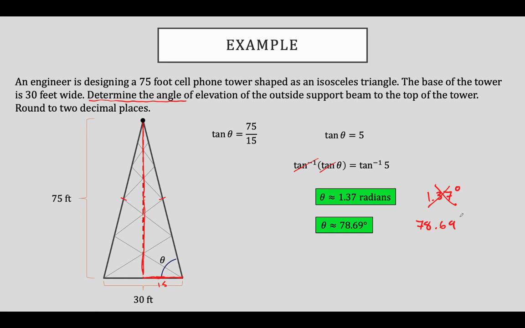It's only degrees if it includes a degree symbol. No degree symbol implies that we're talking about radians. So make sure that you are very specific with your answer. Okay, so there we have it, our angle theta. And again, if you're looking for an angle, you're going to have to use inverse trig. Inverse trig functions give us out angles.